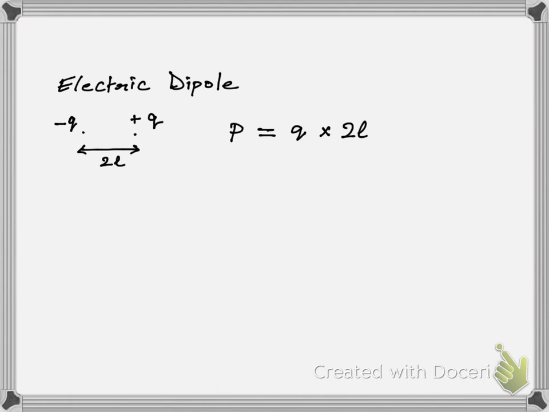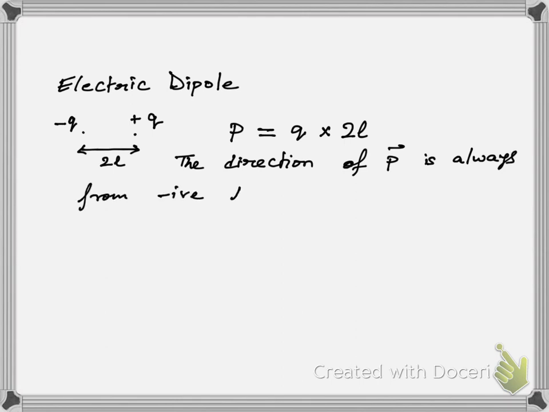The electric dipole moment is also a vector quantity, its direction being always from the negative to the positive charge of the dipole.